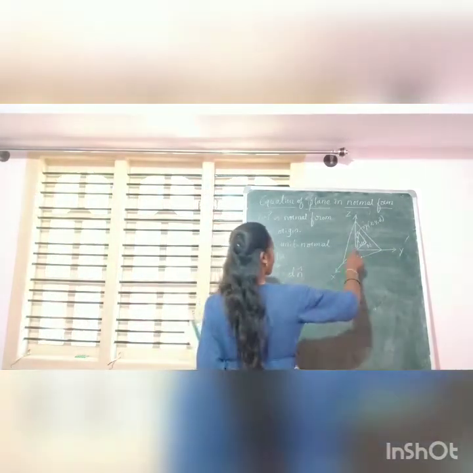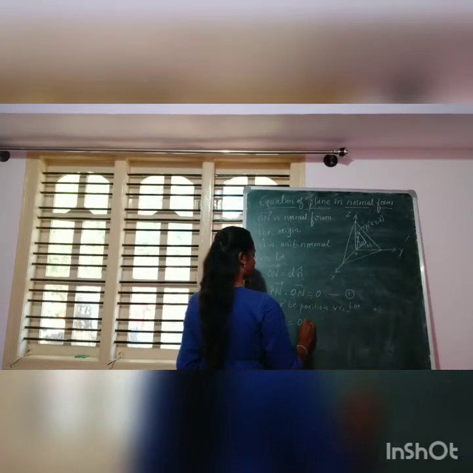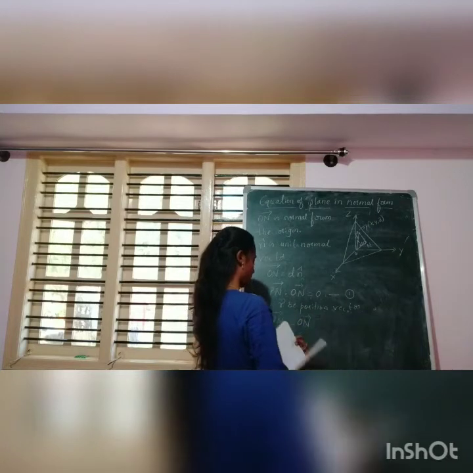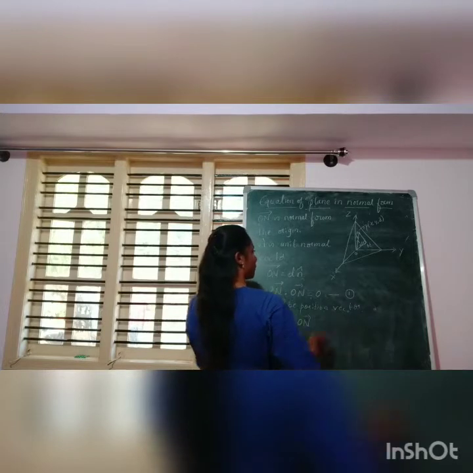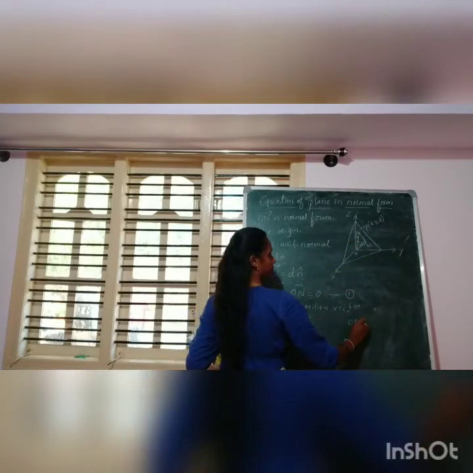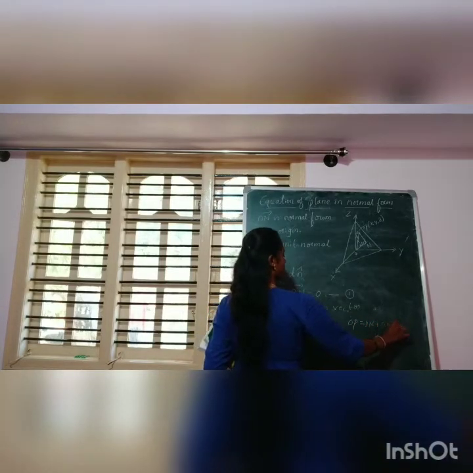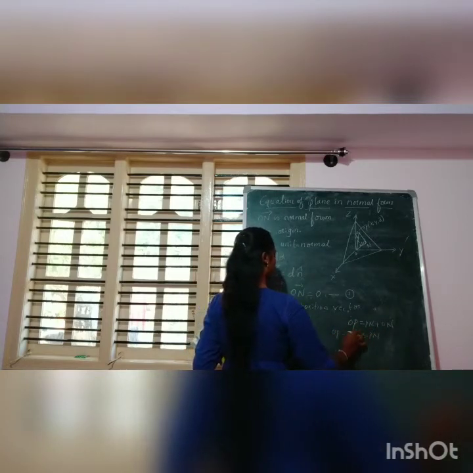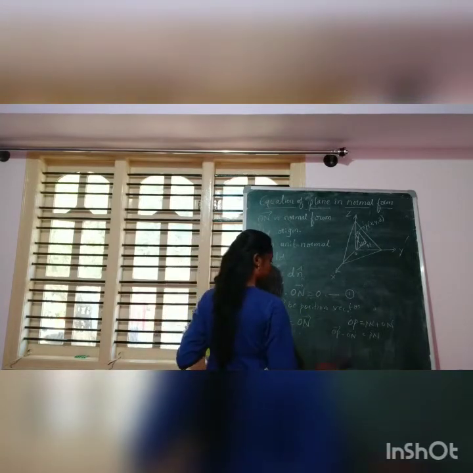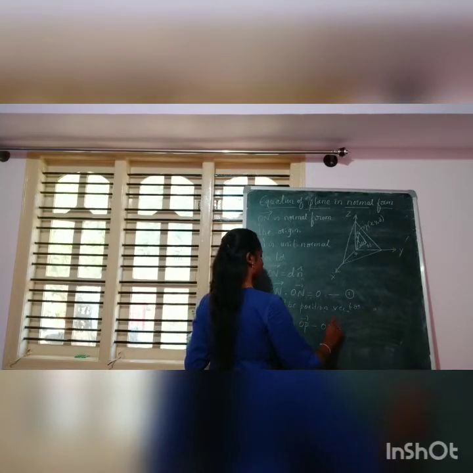OP is equal to PN plus ON. We need PN, therefore we can write OP minus ON vector. So with the help of this, we can write PN as OP vector minus ON vector.